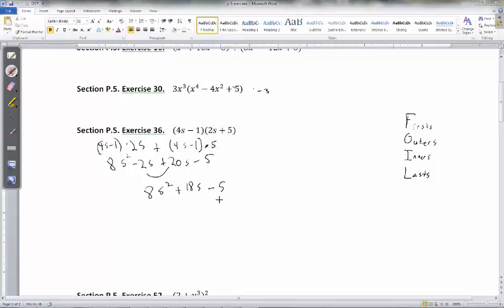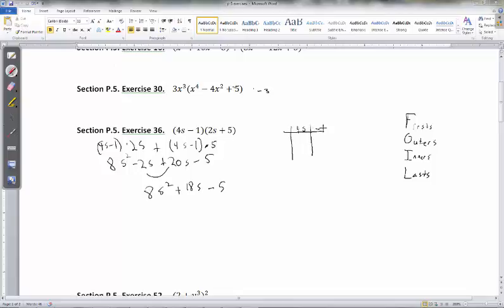So let's see here. We multiplied out. We got that. The only other thing I might say about this problem is some people like to organize these in a box or a table, and that's perfectly fine to do. The way you multiply polynomials, this will work for any kind of polynomial, on a table is you put one of your polynomials on the rows and one on the columns.